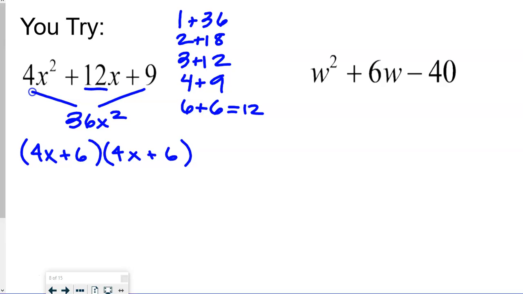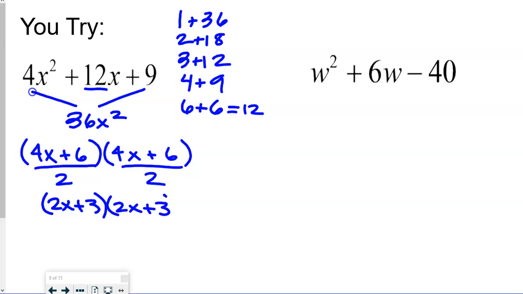So this has a GCF of 2, as does this. So this is going to be 2x plus 3 and 2x plus 3. As with the one before, we could write this as 2x plus 3 squared.